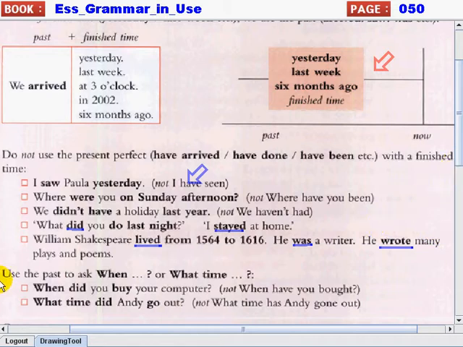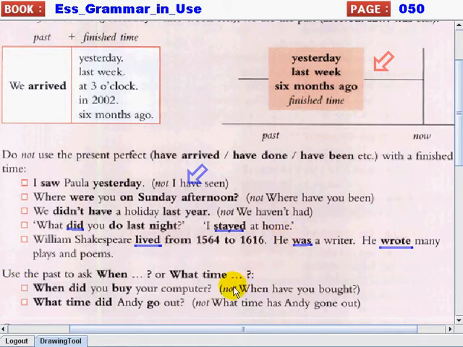Now, use the past to ask when or what time. Okay, these are the questions if you know when it happened or what time the action took place. Alright? When did you buy your computer? Do not say, when have you bought your computer?